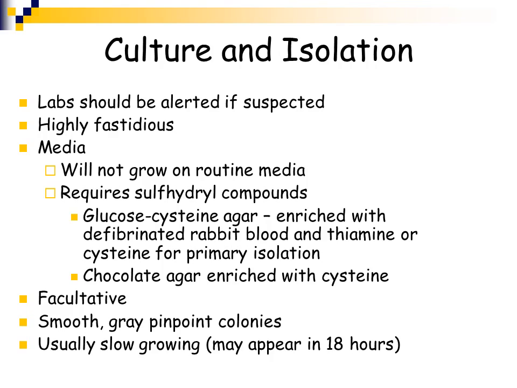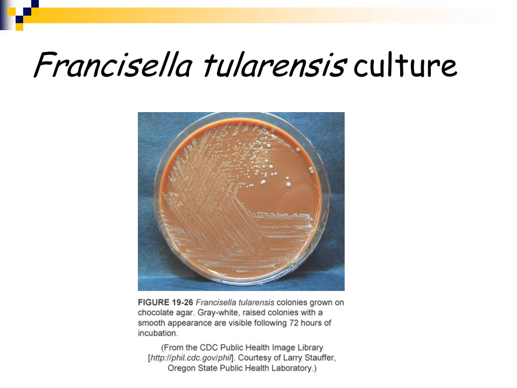It will grow on our commercial chocolate agar. It will form smooth gray, like I said, looks like little drops, little pinpoints, and it usually is slower growing. You can get colonies showing up after overnight growth, but in order to really see it, it takes a couple of days. So here is Francisella tularensis, and this is after 72 hours.